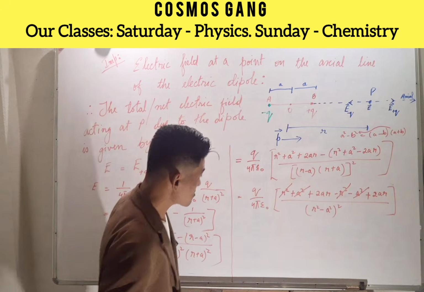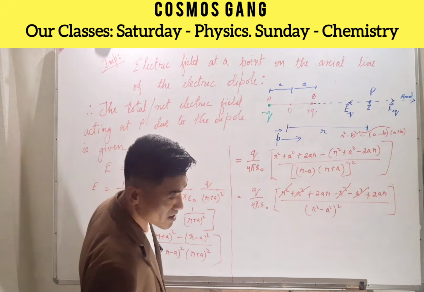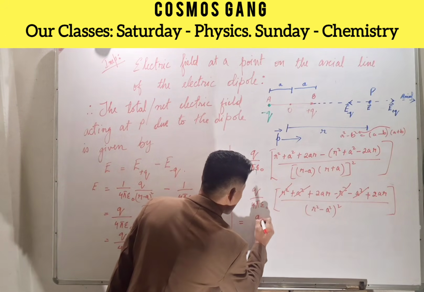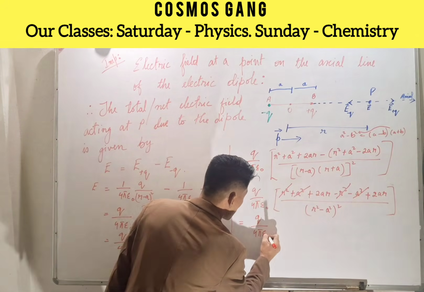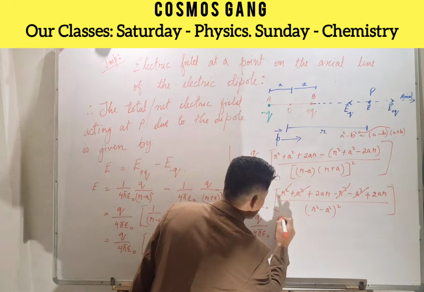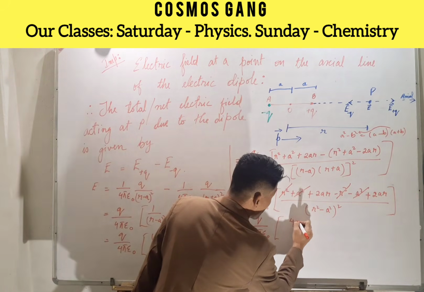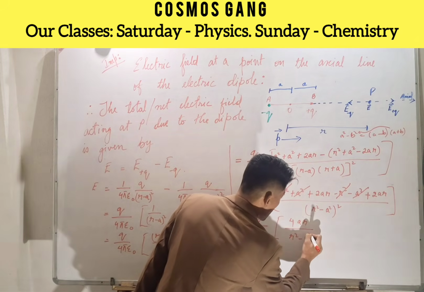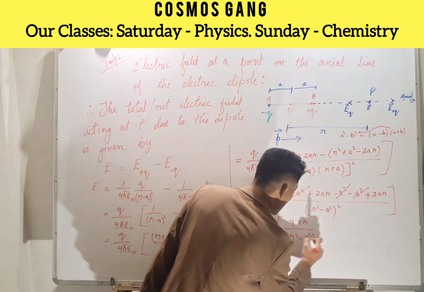This term will get cancelled because they are equal and opposite in sign. So what is left is Q by 4 pi epsilon naught. I add these two, I get 4AR divided by (R square minus A square) whole square.